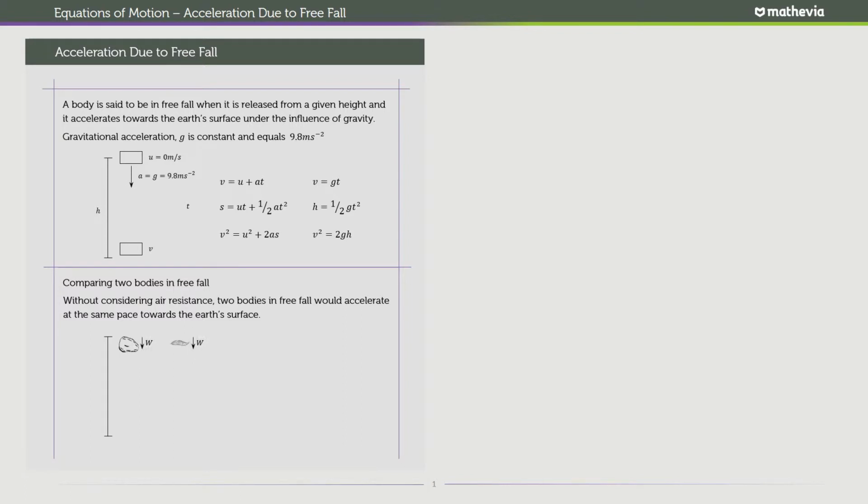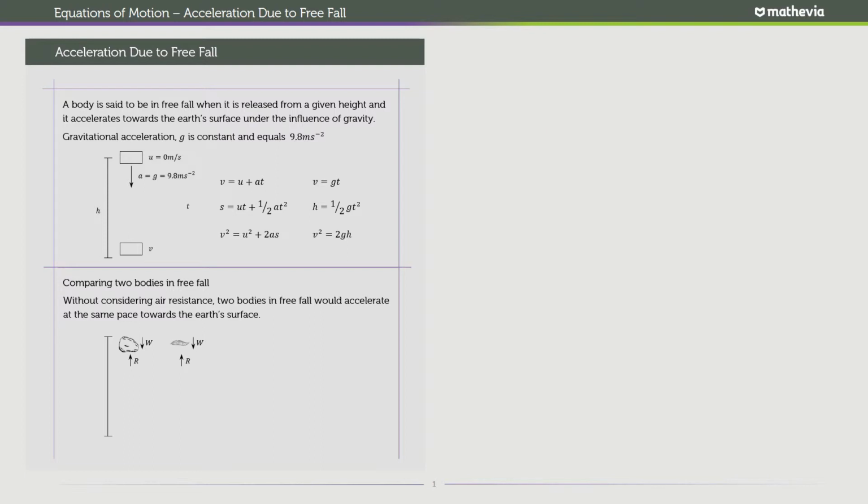So what you have is the weight of the body, gravity, bringing these bodies down, and then you have a different force acting upwards, and this is air resistance. Okay, and the actual acceleration of the body downwards is the resultant of these two forces. We haven't talked about resultant forces, but basically you need to subtract the resistance from the weight, and then you have the resultant force acting on the body as a result of gravity, which would then determine the acceleration with which the bodies will accelerate towards the surface of the earth.